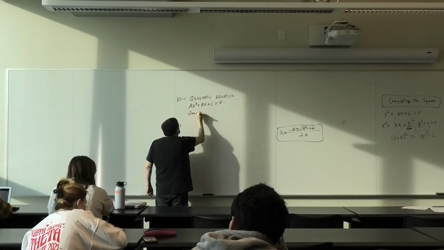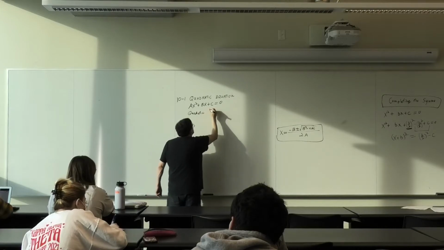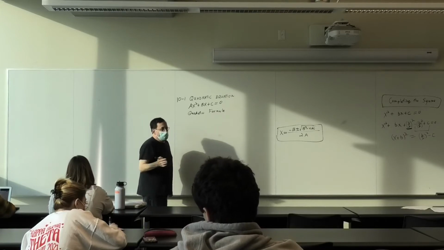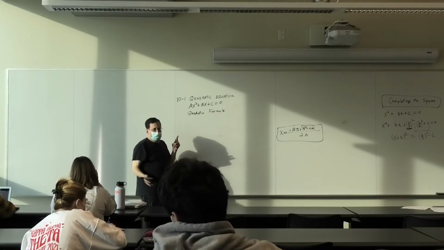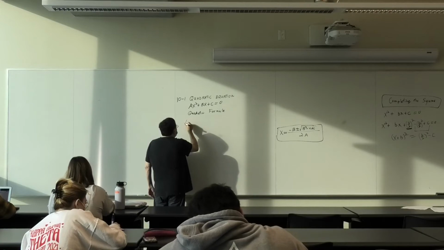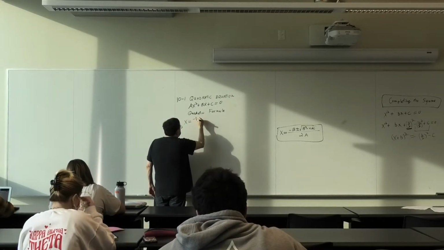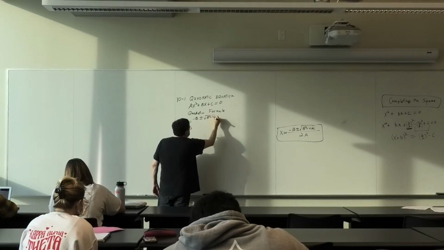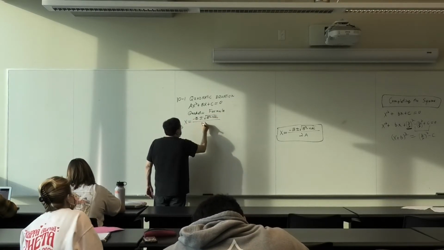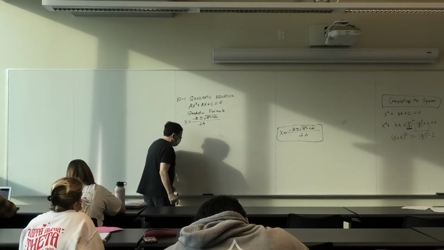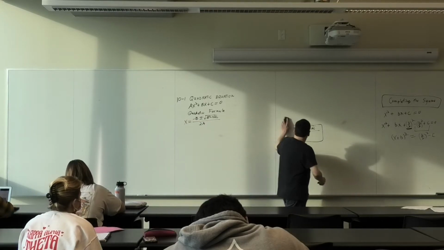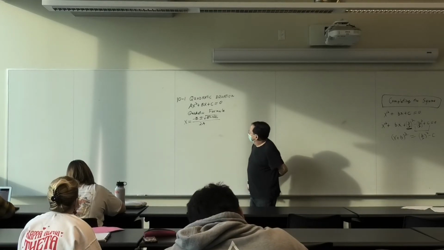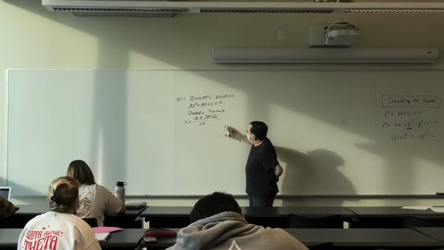And the quadratic formula that gives us the two solutions, or the two roots, is x equals negative b plus or minus the square root of b squared minus 4ac, all over 2a. Okay. This will carry us a long way.